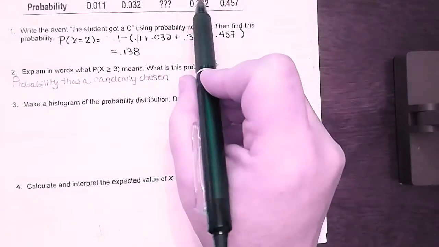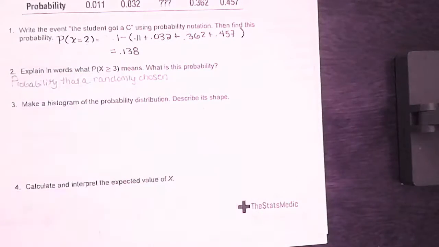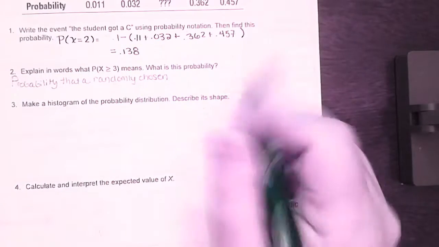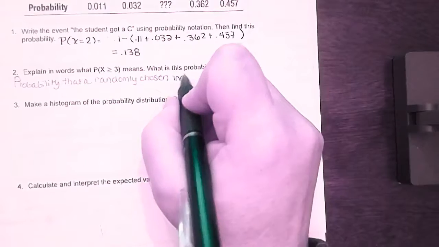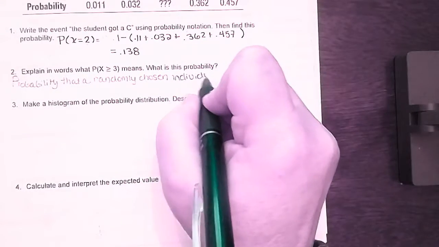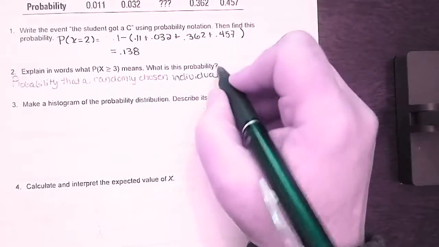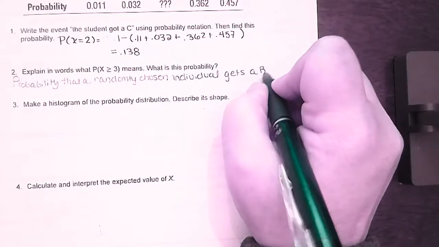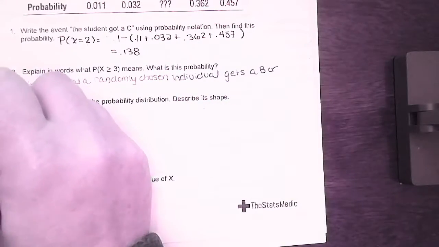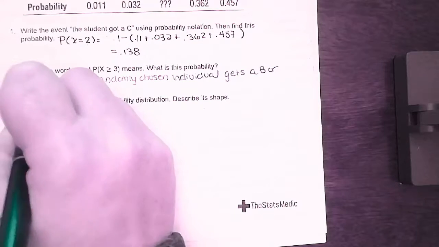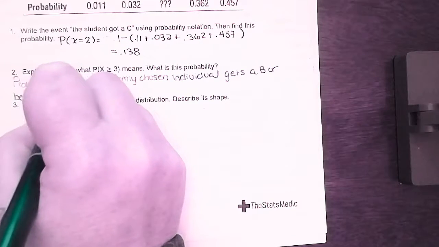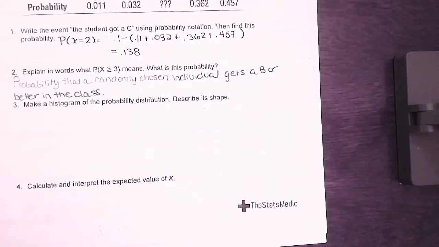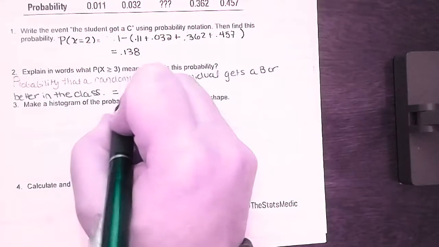A 3 is a B. So it's the probability that a randomly chosen individual gets a B or better in the class. Okay, so that is equal to 0.819.